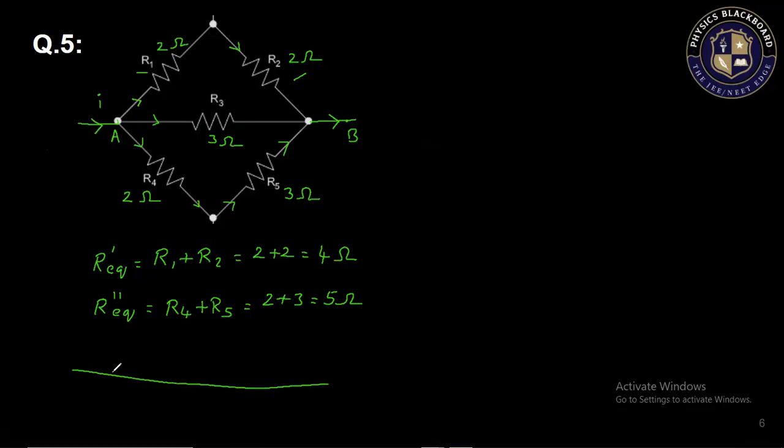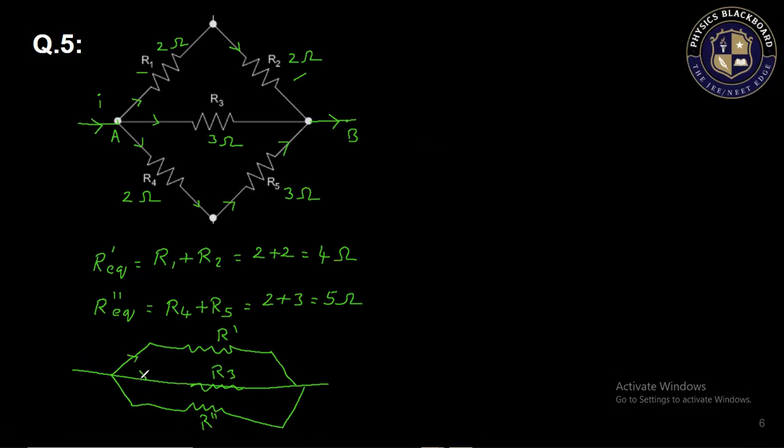If you redraw this circuit, this is R dash, this is R3, and this is R double dash.